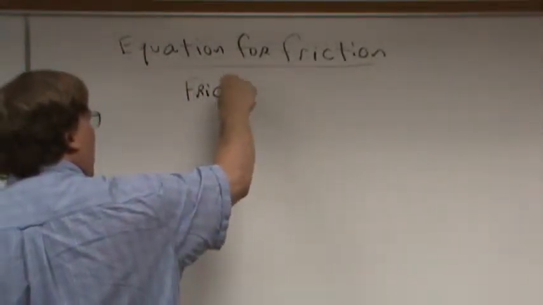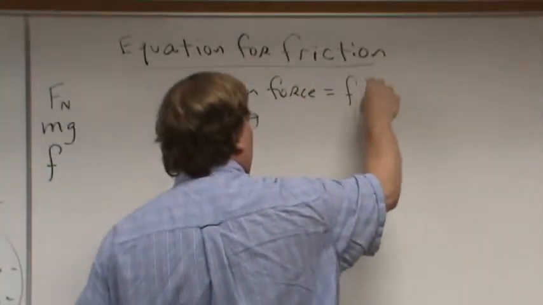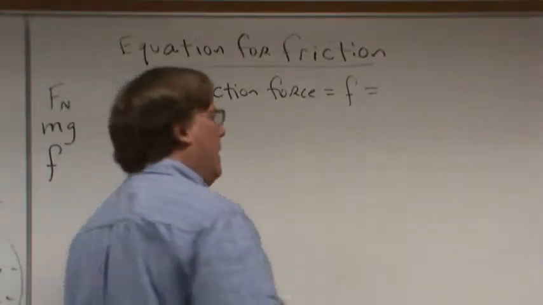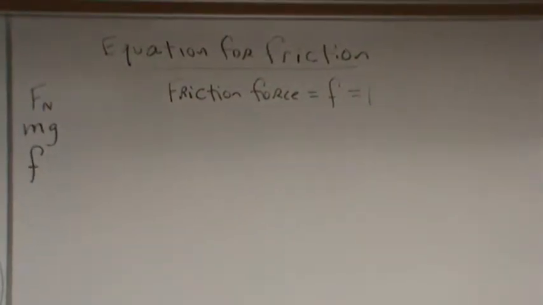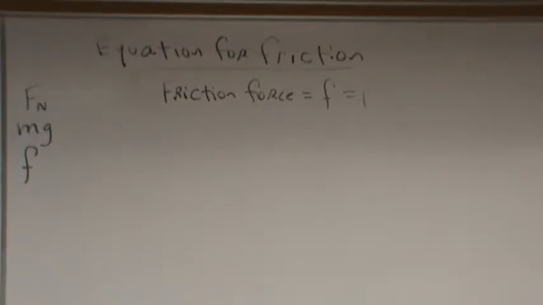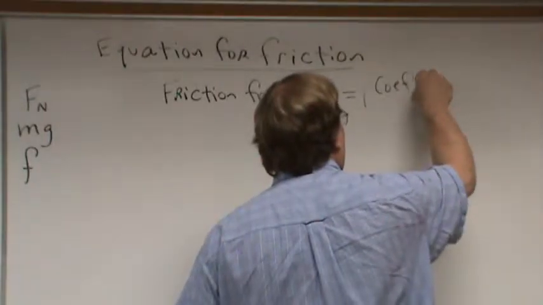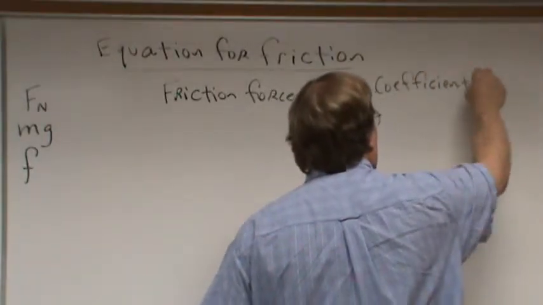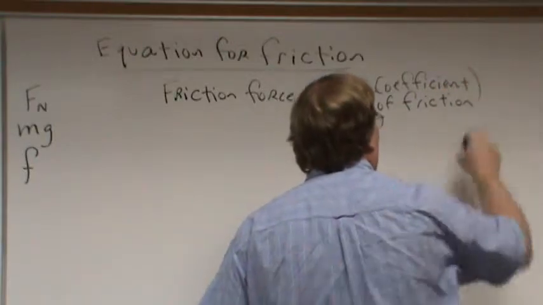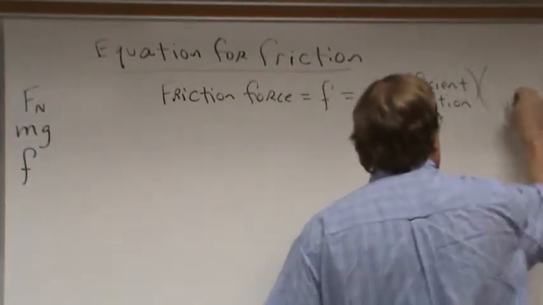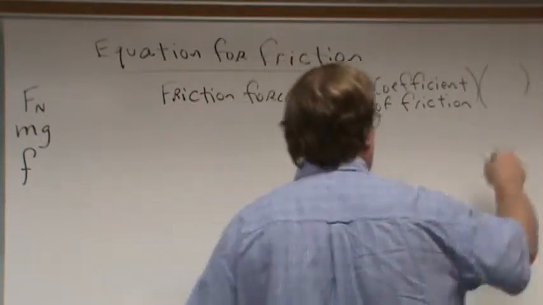Friction force, which is equal to a lowercase f, is equal to a quantity that describes how much friction two surfaces have with each other, and that quantity is called the coefficient of friction, multiplied by the amount of force with which two objects are being pressed together, which is the normal force.